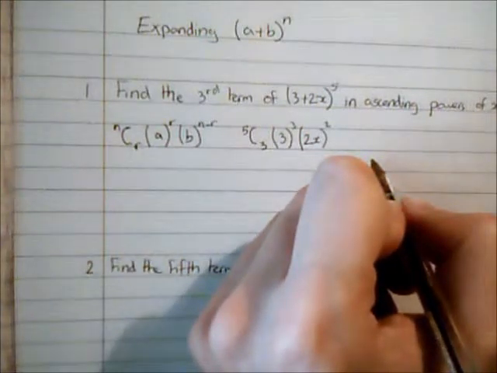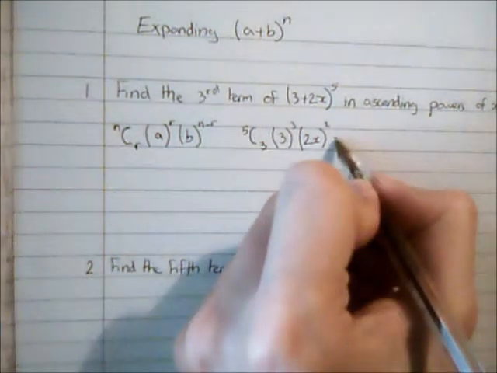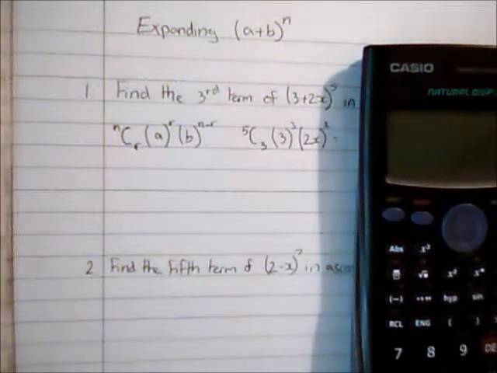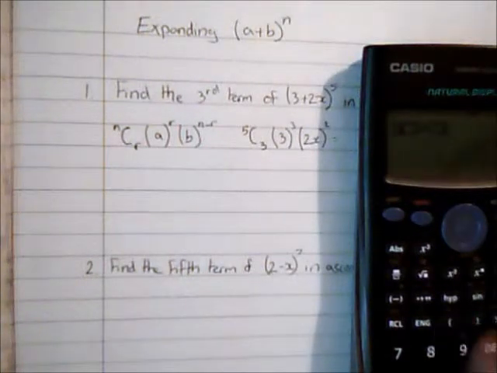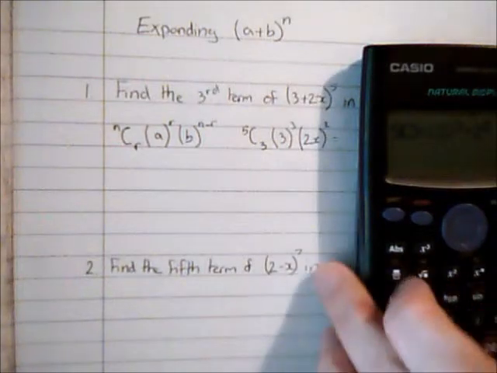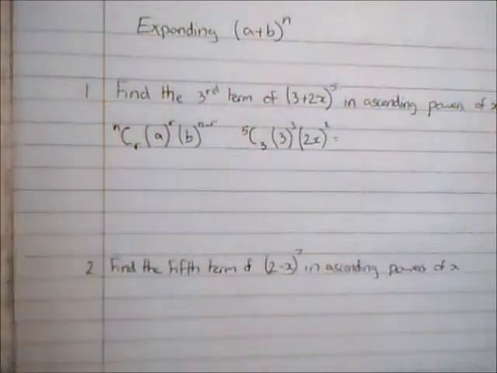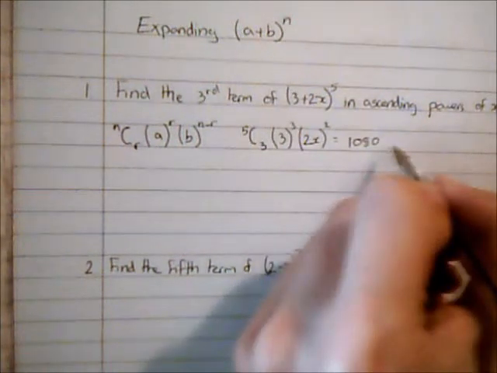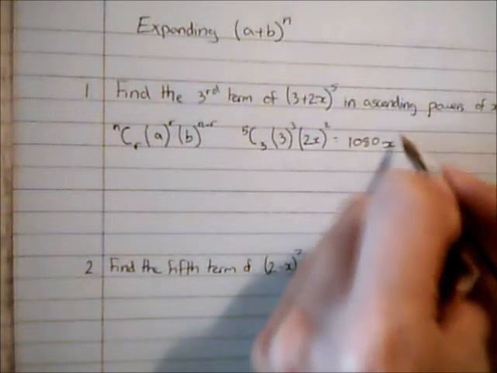And this I can then evaluate. So 5C3 multiplied by 3 cubed multiplied by 2 squared gives me 1080. So the number part is 1080 and then x squared.